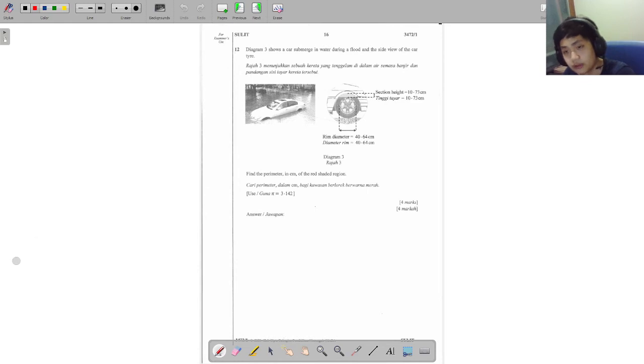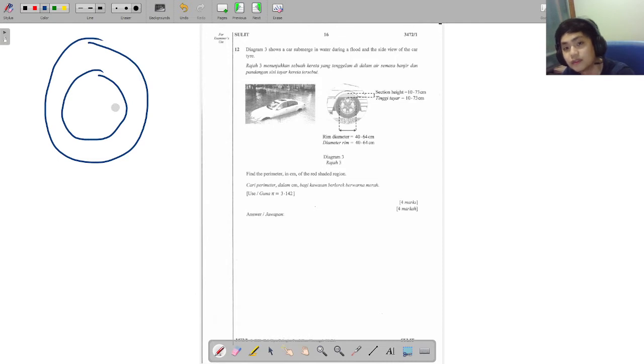Next up. So okay. Diagram 3 shows a car submerged in water during a flood and the side view of the car tire. Okay. Alright. So we have a tire and a rim, and they gave us the rim diameter, so that's 40.64, and they gave us a section height here, which is 10.73, and we are looking for the shaded red region.